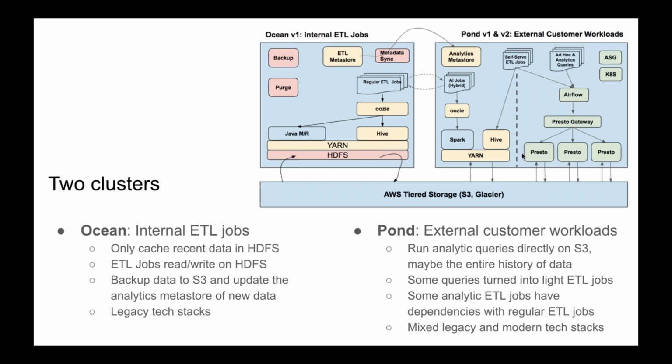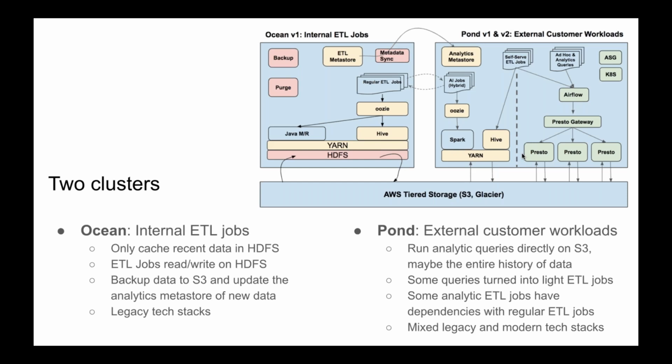So we have to do this directly on S3. Some of the queries are turned into lightweight ETL jobs because some of the customers may run a query and feel it's necessary to do this periodically, so they turn that into a lightweight ETL job.